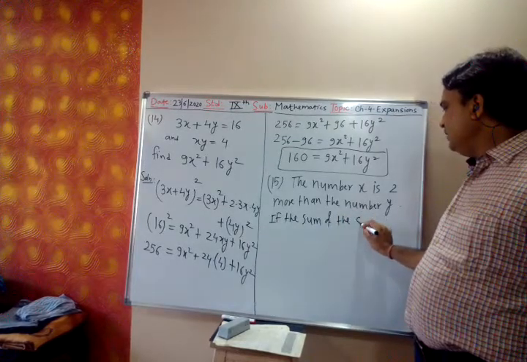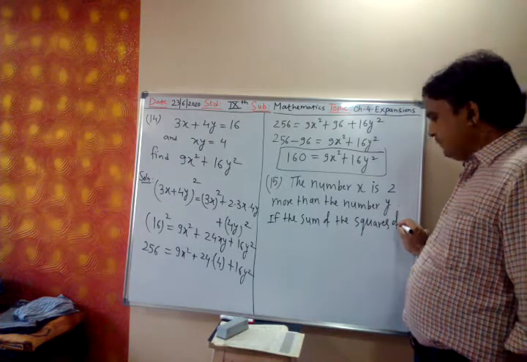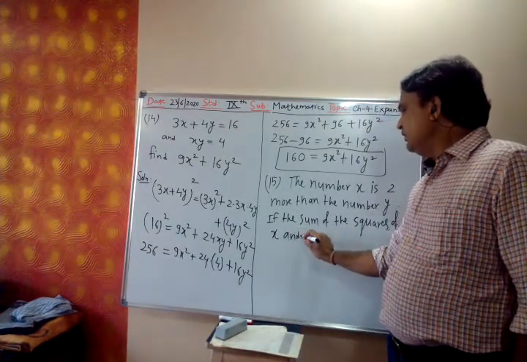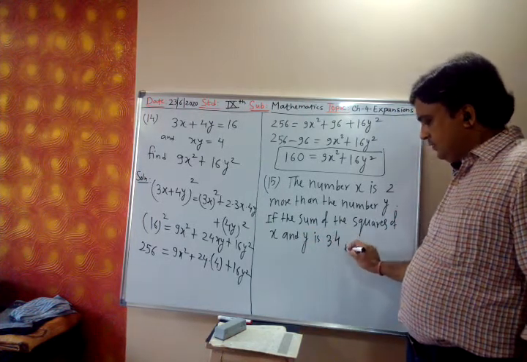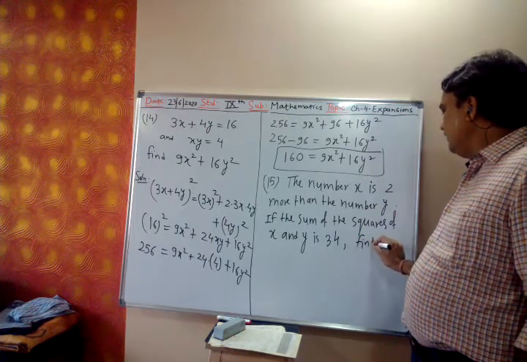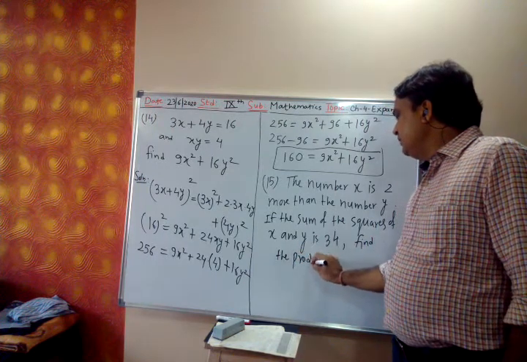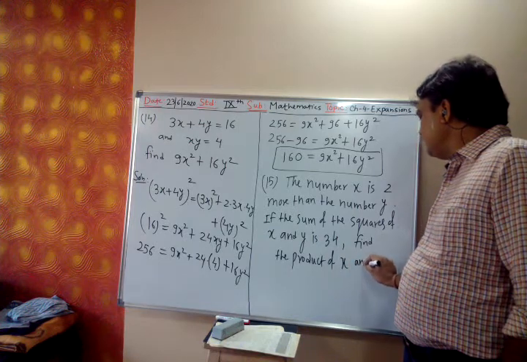If the sum of the squares of x and y is 34, find the product of x and y. Sum means plus, and product means multiplication.